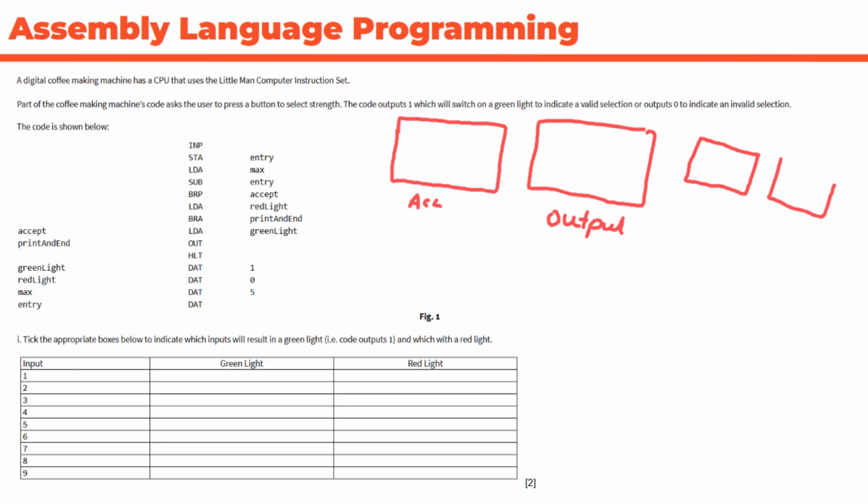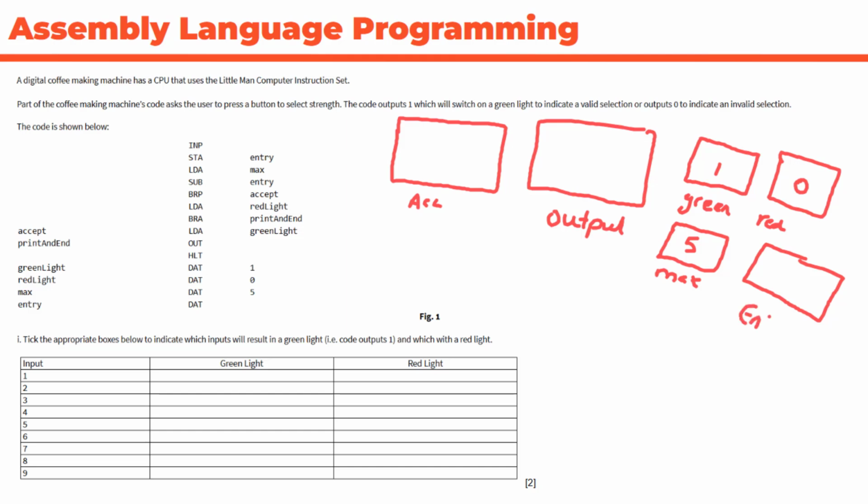Red is 0, green is 1 according to this DAT down here, and we've got max as well, which is 5, and there's no recorded value for entry. Anyway, so let's start off then.